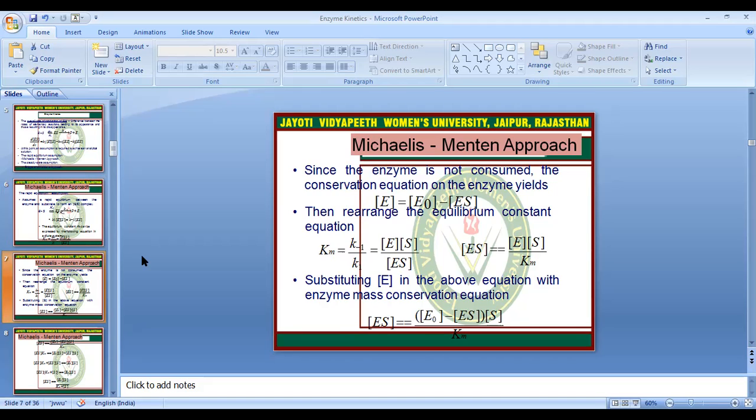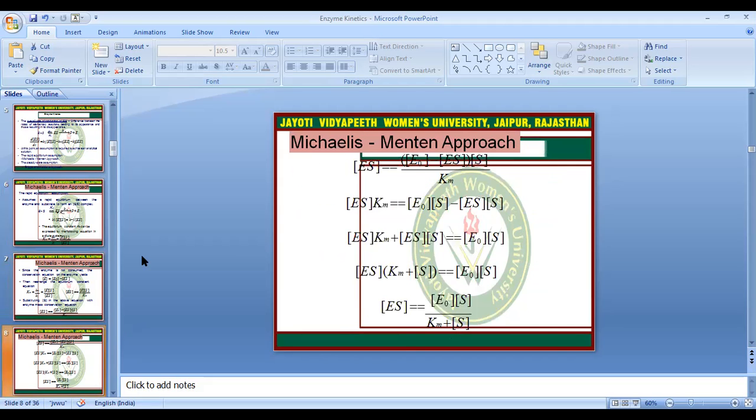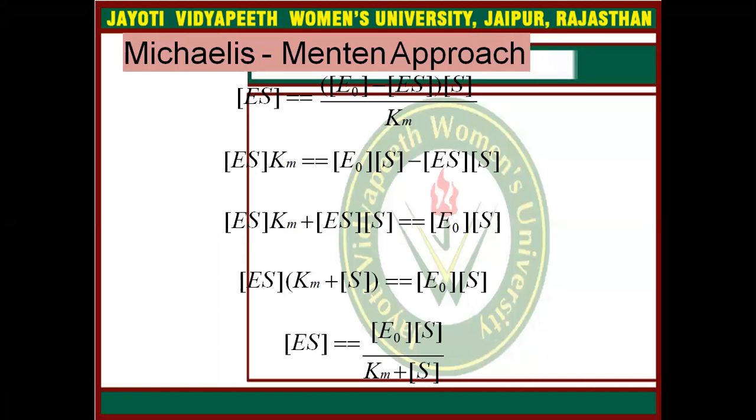Substituting E in the above equation with the enzyme mass conservation equation: [ES] = (E0 - [ES])[S]/Km. In the next step, [ES]Km = E0[S] - [ES][S], and at the end [ES] = E0[S]/(Km + [S]).